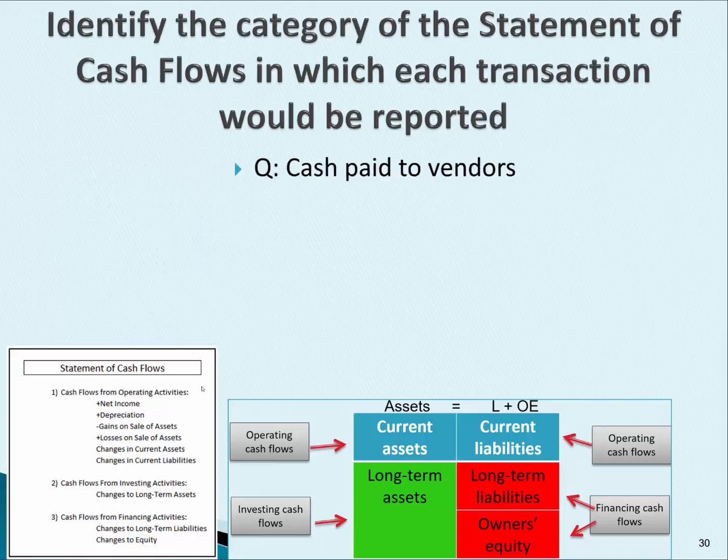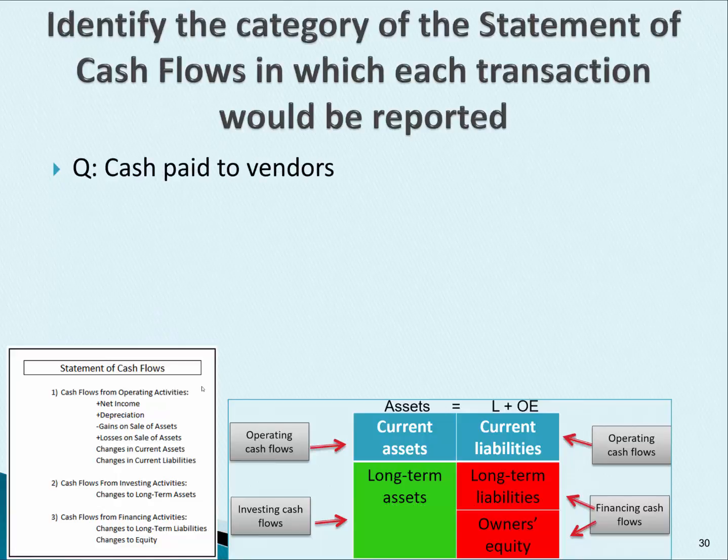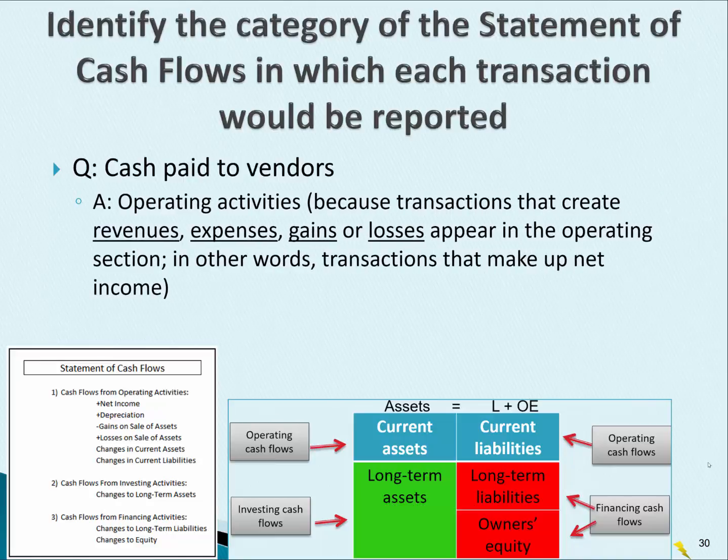How about paying cash to vendors? Remember, a vendor is a supplier, someone who sells stuff to you. This will go in the operating activities section because this is generating expenses, which of course is embedded in net income.